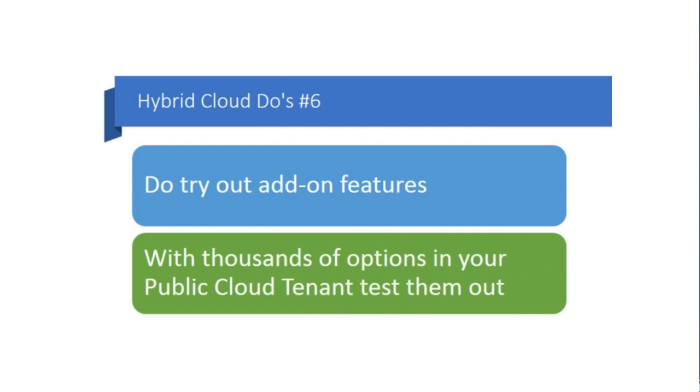All right. So now this is a quite interesting one for me: trying out add-on features that are available for you. So what exactly do I mean by that? Well, in traditional infrastructure that would live in our on-prem data centers, we would have certain components inside of those racks that we would support.